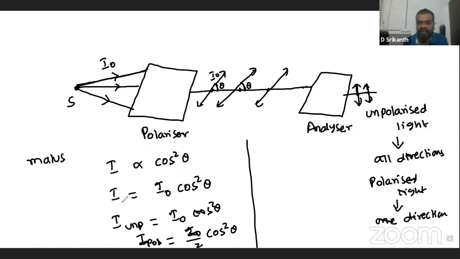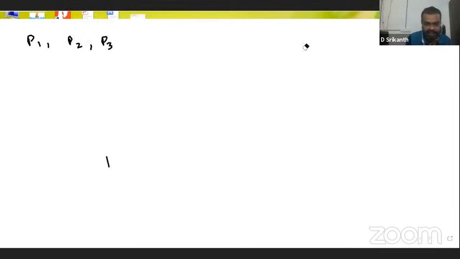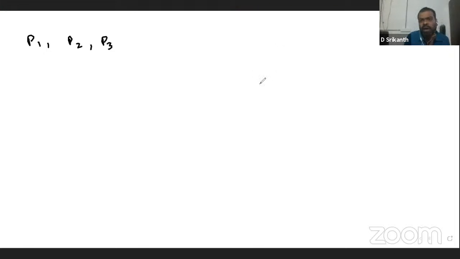Say for example, let us consider three polarizers P1, P2 and P3. A source of light is incident on the first polarizer, so that we get a polarized light which falls on P2 and P3.